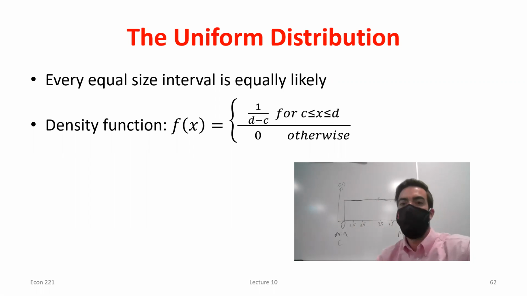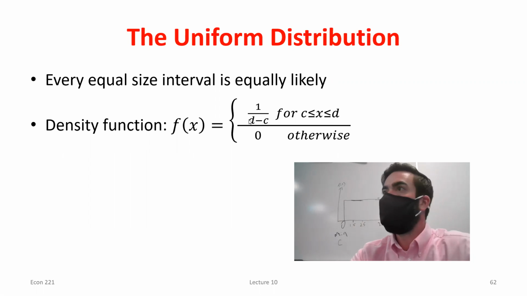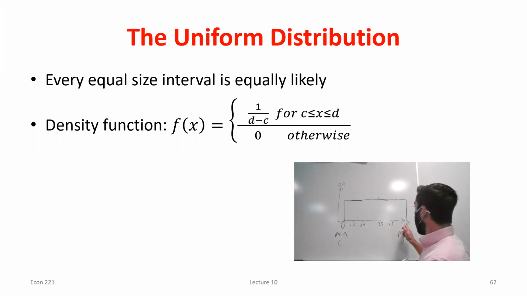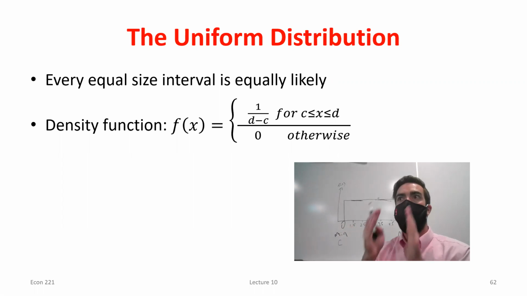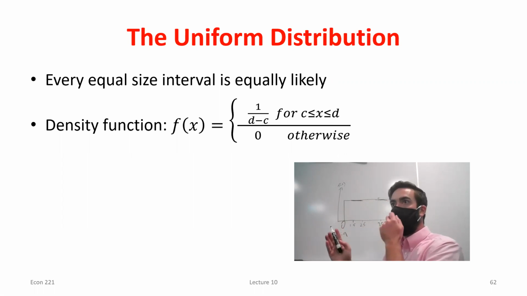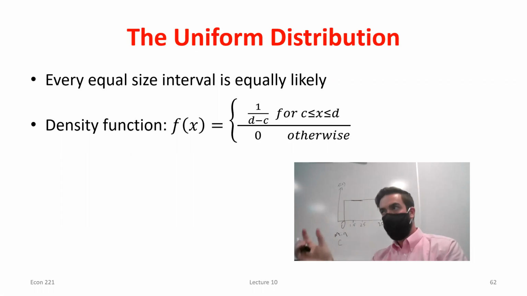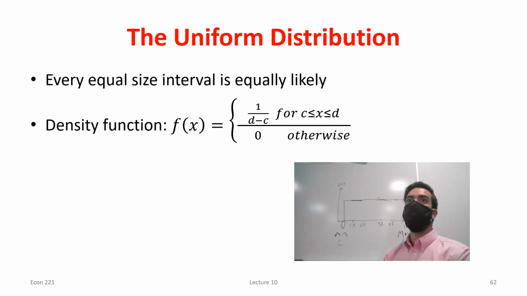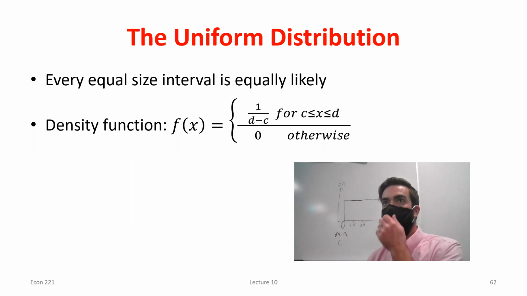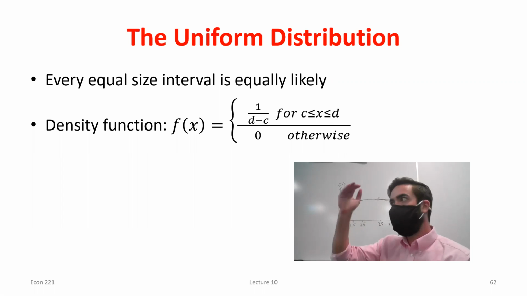The problem is our n now is whatever the range of our data is, from the maximum to the minimum. If I go from 0 to 10, I have 10 equally sized rectangles that would each represent an interval of 1: 0 to 1, 1 to 2, 2 to 3. With 10 equally sized areas, the probability of each occurring is 1 over 10.